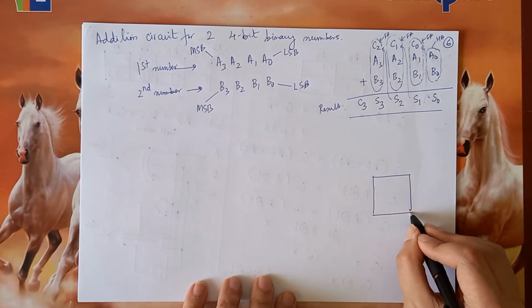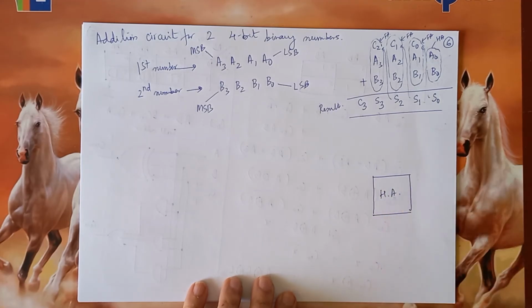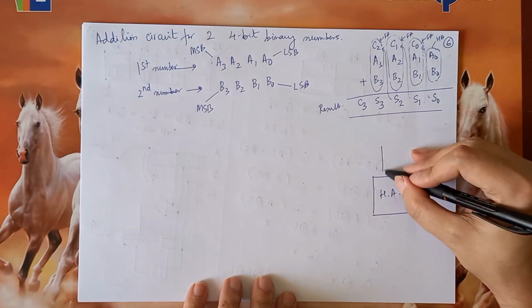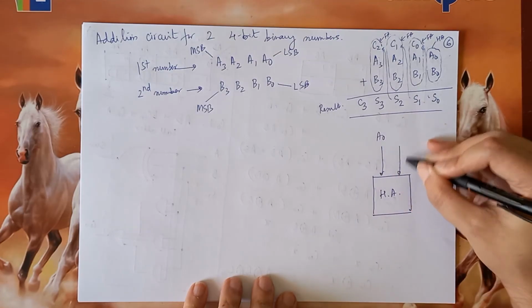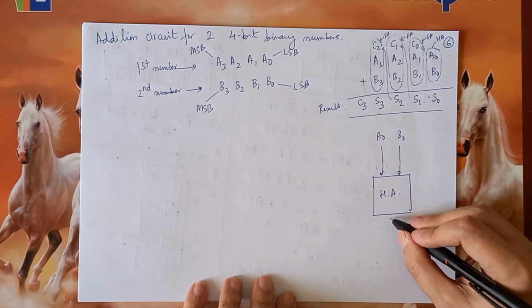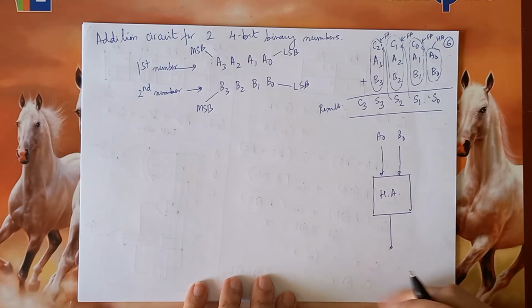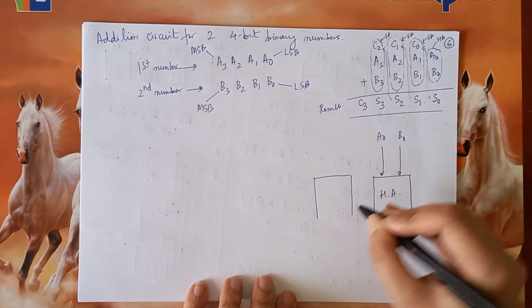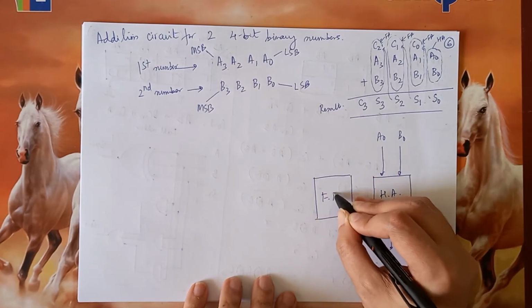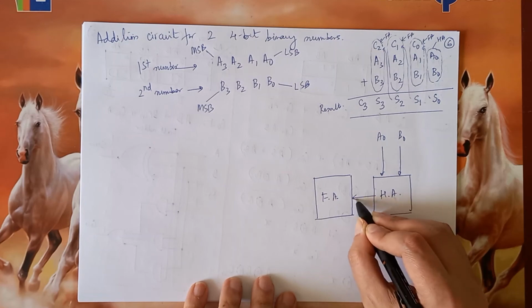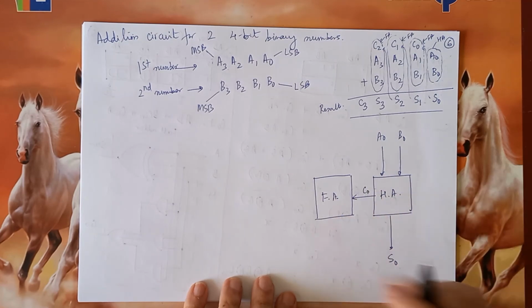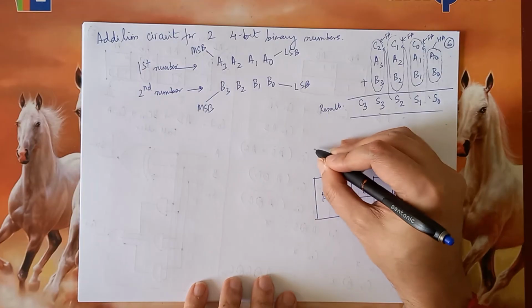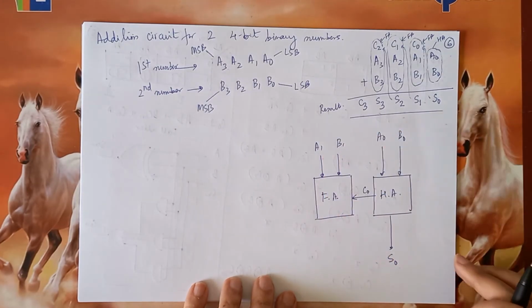For the 0th stage, we will need a half adder, whose inputs will be A0 and B0. The output of the sum would be S0, and the carry C0 will go to the next stage. So the next stage will be a full adder, as we have discussed. The C0 from here will go to the full adder, but the other 2 inputs will still be A1 and B1.